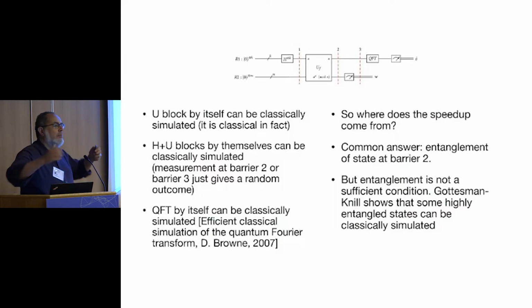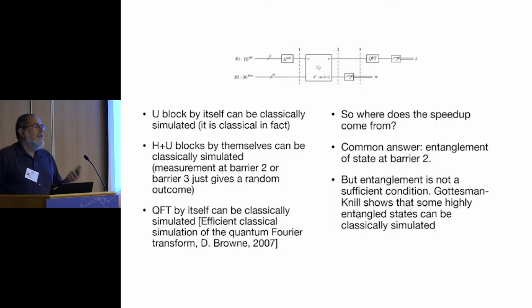Because you're generating a bunch of choices, which is the H, creating a bunch of superpositions, and then you run them through this F block. And if you stop there and you measure, you will get a random pair of input and output. So you can just do it classically, and it's like one sample of this function. So H and U by themselves do not give you any power.